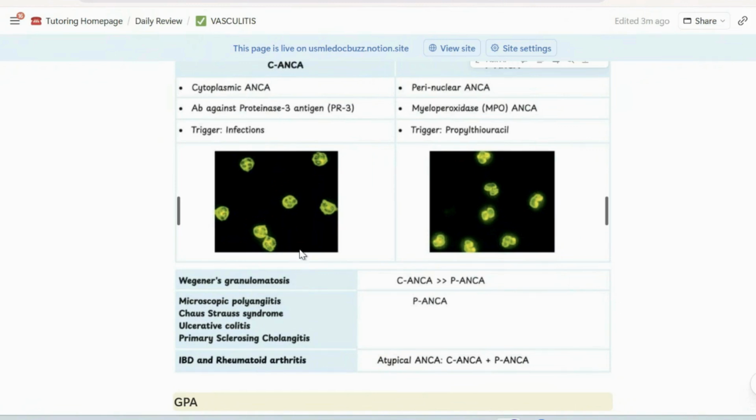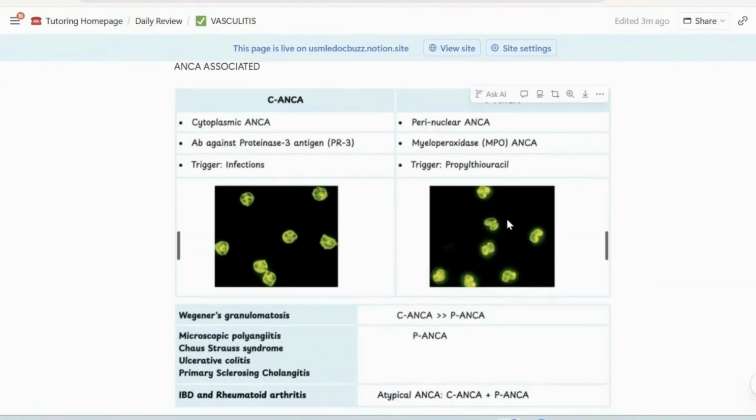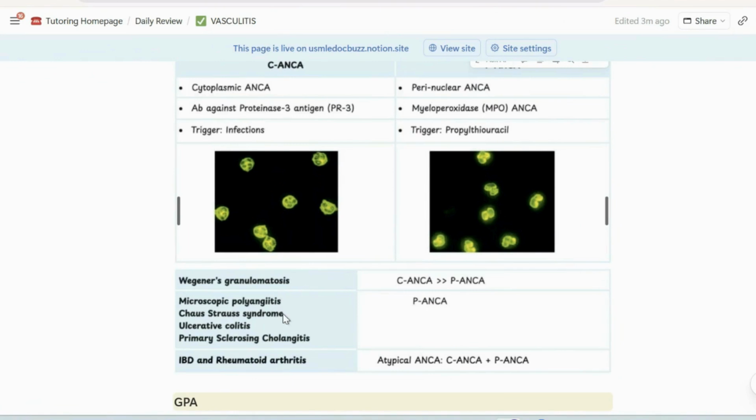Okay, everything else is a P ANCA derived inflammation. Okay, so microscopic polyangiitis, Churg-Strauss, ulcerative colitis, PSC, all of these are P ANCA derived. The antibodies are against the MPO. Okay, so that's the easiest way to remember these.